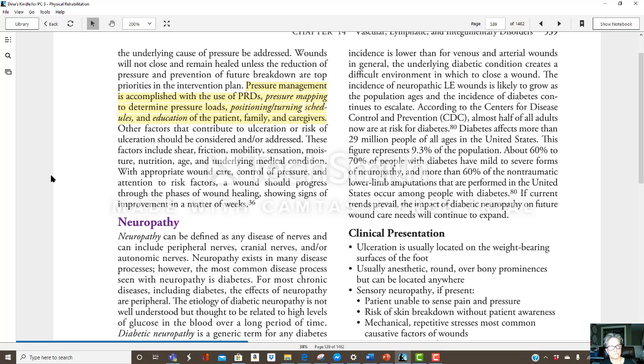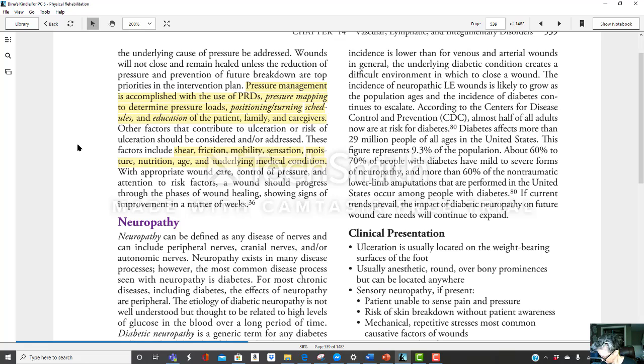Other factors that contribute to ulceration or risk of ulceration should be considered and addressed. These factors include shear, friction, mobility, sensation, moisture, nutrition, age, and underlying medical condition. With appropriate wound care, control of pressure, and attention to risk factors, a wound should progress through the phases of wound healing, showing signs of improvement in a matter of weeks.